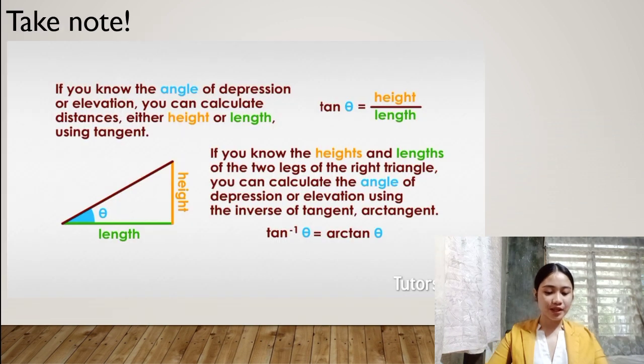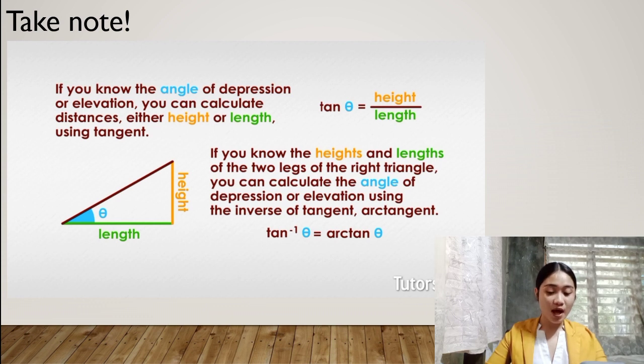Now, you have to take note of this. If you know the angle of depression or elevation, you can calculate distances, either height or length, using tangent. So, tan theta is equal to height over length.